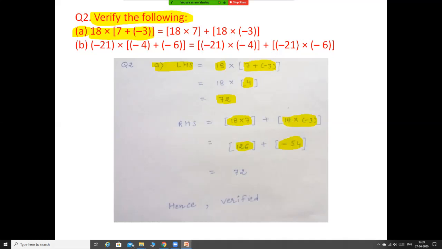So 126 plus minus 54, final answer is 72. So in the left hand side, answer is 72. Right hand side, answer is 72. Both are same. So this way we write, hence verified.